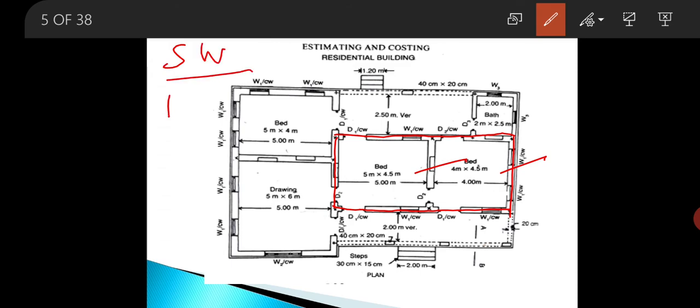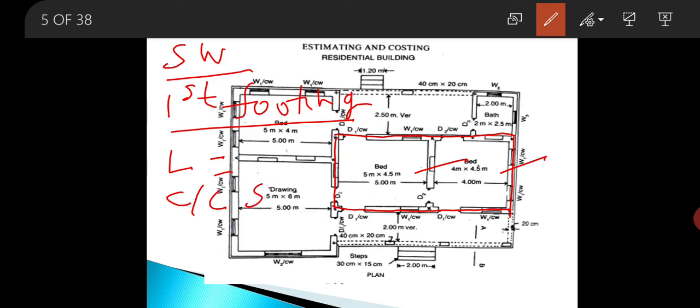So first we will go for calculation of first footing of the short wall. So for that, in order to get the length with the center to center length of the short wall, we will subtract half of the width of the first footing. So width of first footing is 0.6 for one side and subtract 0.6 by 2 for the other side.